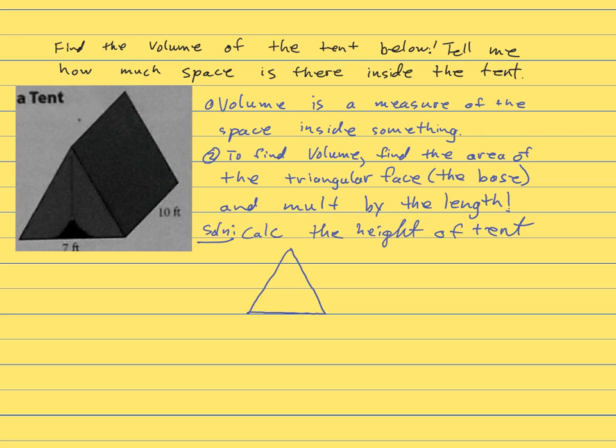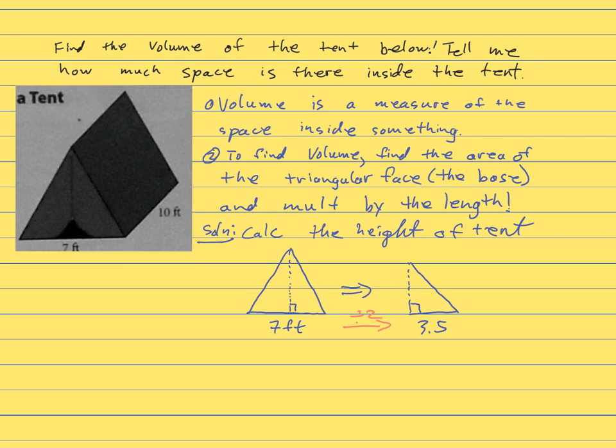It has 7 feet, and then it has a height that's dropped from the top of the triangle all the way to the base. Now, we're only going to use half of the triangle, because we have 7 and 7 divided by 2 gives us 3.5. So this goes to this by dividing the length by 2.